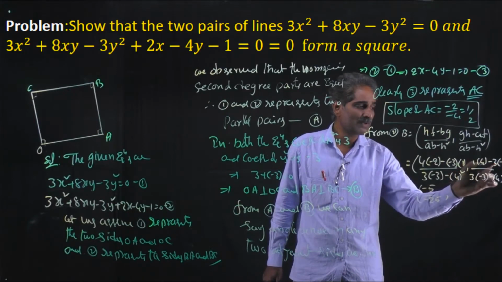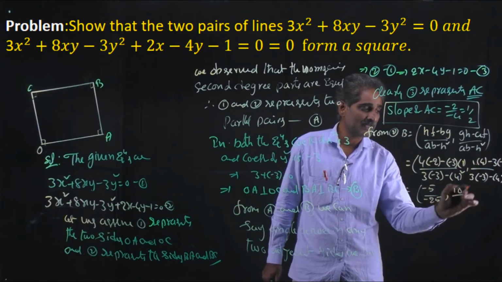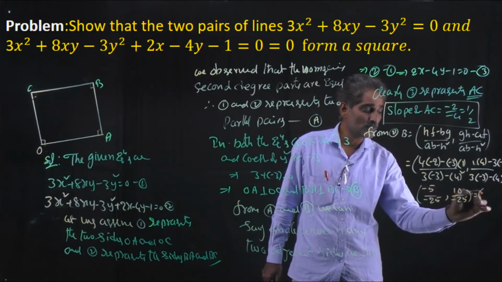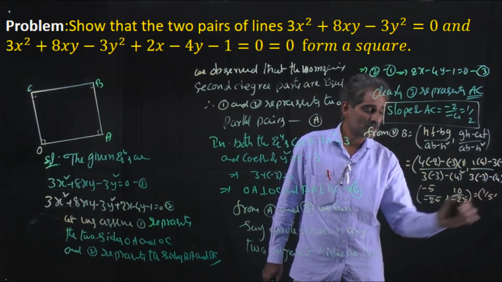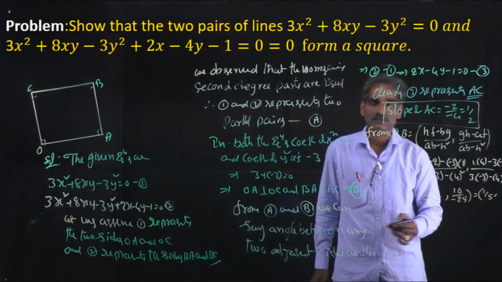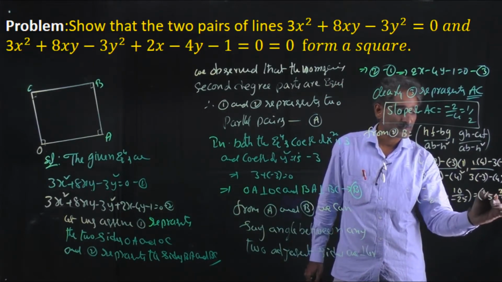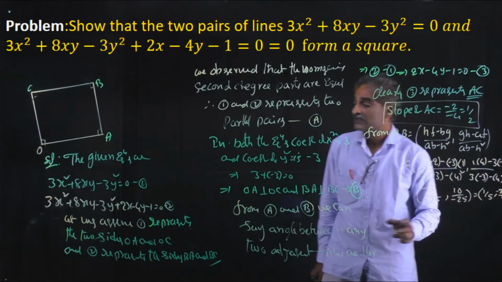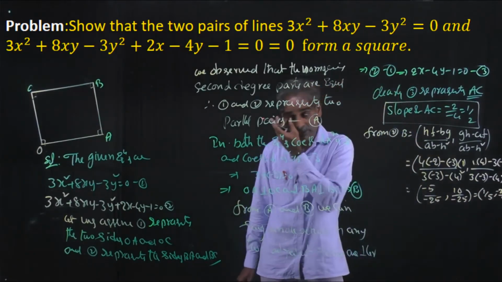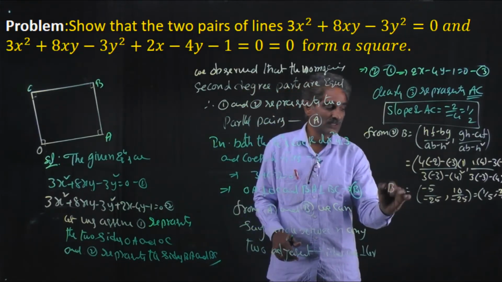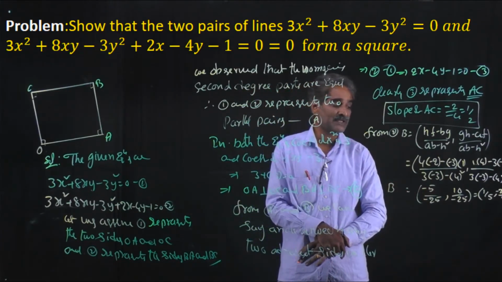So 4 plus 6, 10 by minus 25. This is equal to 1 by 5, comma, 2 by 5, minus 2 by 5. These are the coordinates of the point of intersection of 2, that means the coordinates of B. Coordinates of B is 1 by 5, comma minus 2 by 5.